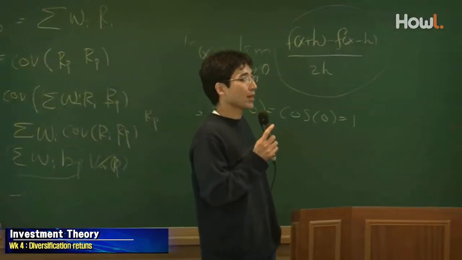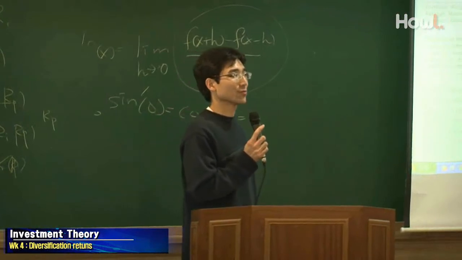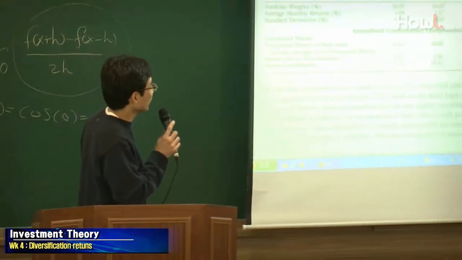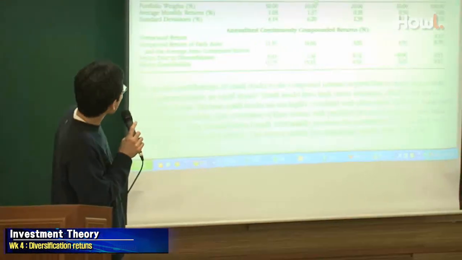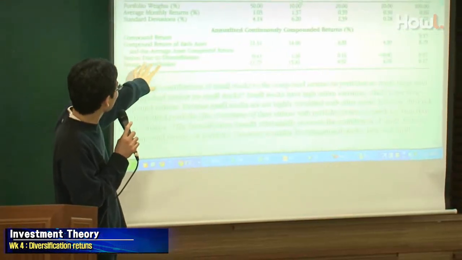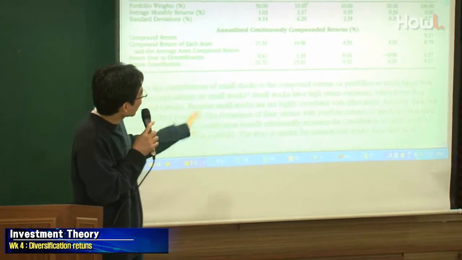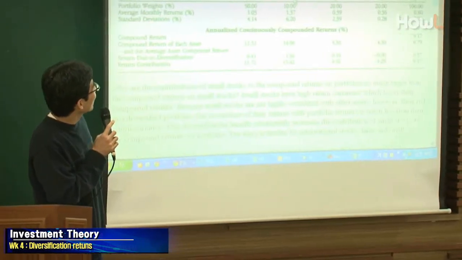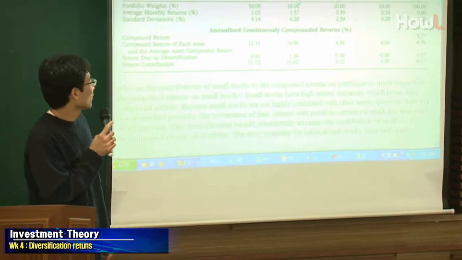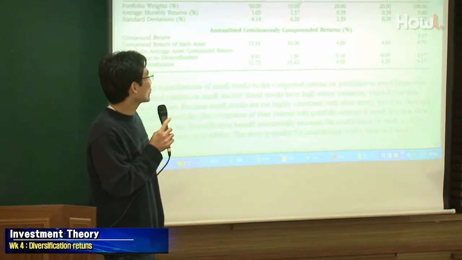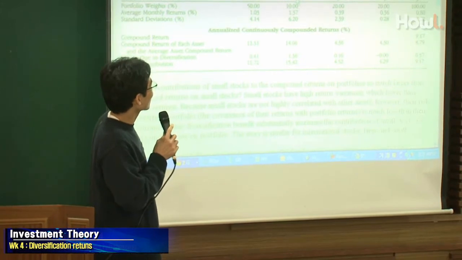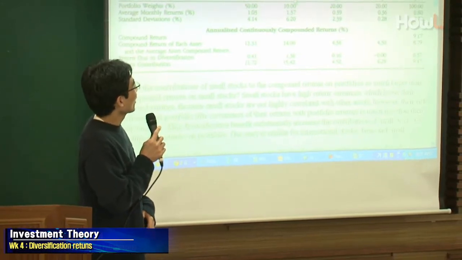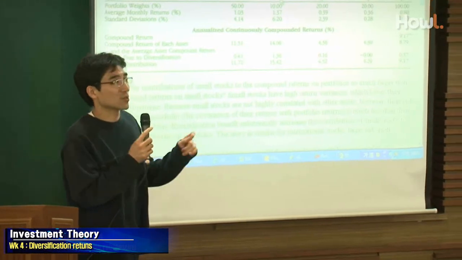Now we know how to measure the contribution of each asset class to the diversification return. So applying the previous formula, we can compute the return from diversification for each asset class. S&P 500 is 0.4%, small cap is large, 1.36%, treasury long-term bond 0.16%, and for cash it is almost 0.